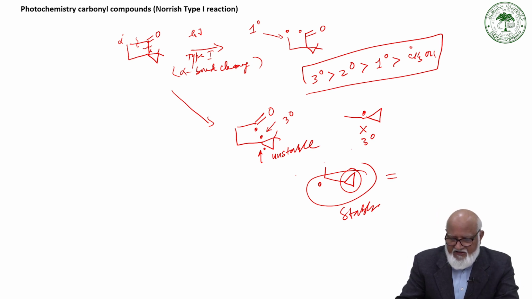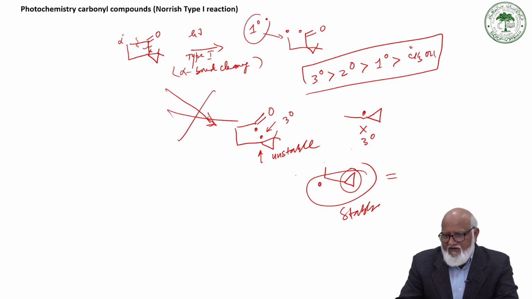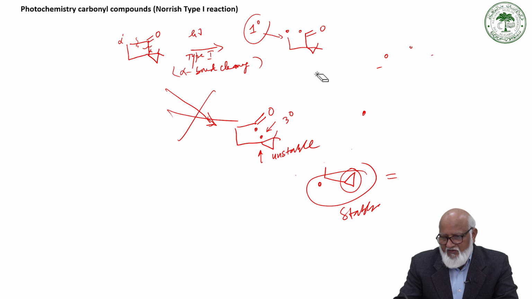Hence this will not form. Although it is a primary radical, this will form, and then this will lead to the product.